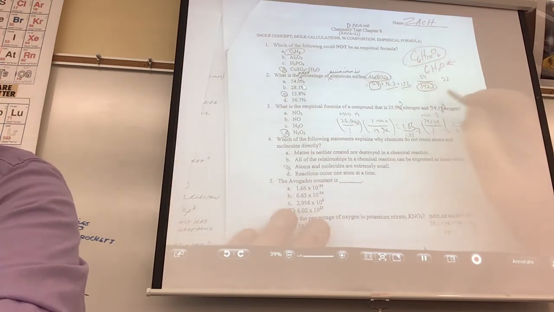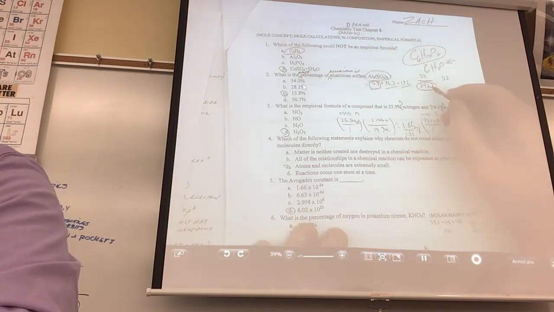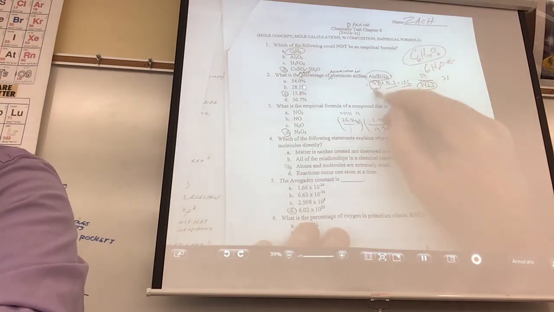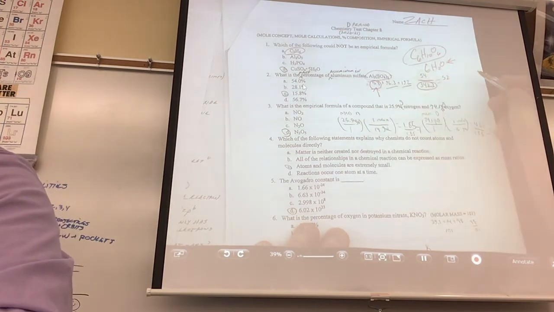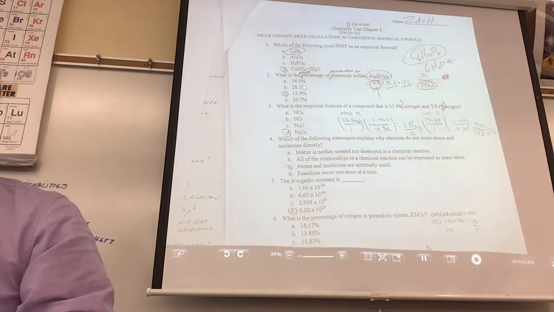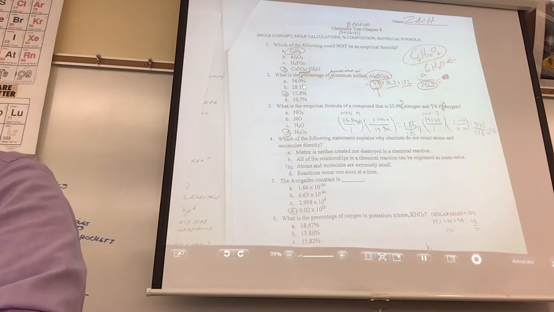But how much of that mass was aluminum? Out of the 342, we figured out 54 of the 342. I don't know if he finished his problem or not. Daniel, what do you have for this one? Are these numbers correct, first of all? I'm using someone else's test. What's 54 divided by 342?